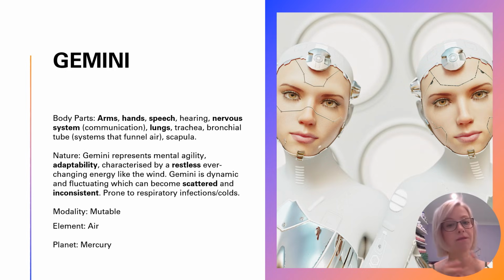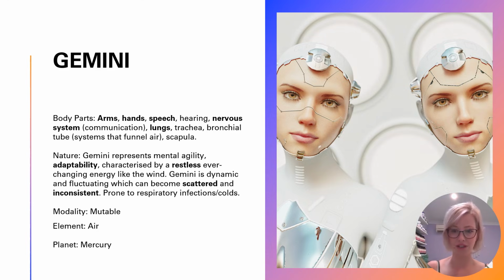Gemini is dynamic and fluctuating, which at its worst can become scattered and inconsistent. So this is where the nervous system part comes in for Gemini. Like they love to do like 10 things at once, and they flip from here to there, and then after a while they're like, oh, I'm actually exhausted. And they are a bit more prone to respiratory infections and colds. So that's that, the systems that funnel air.